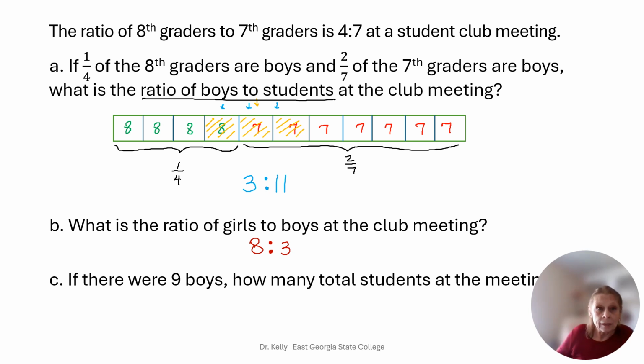So that means that these 3 groups of boys was actually 9 boys. And if that was 9 boys, and we divide it by the 3, and let me call them units, the 3 units, then we actually have 3 per unit.